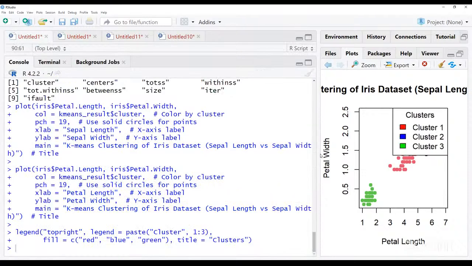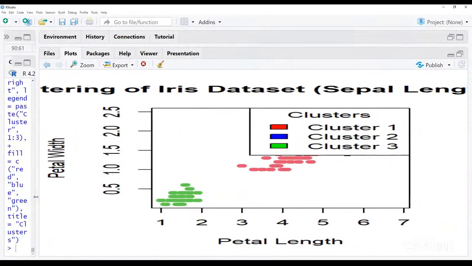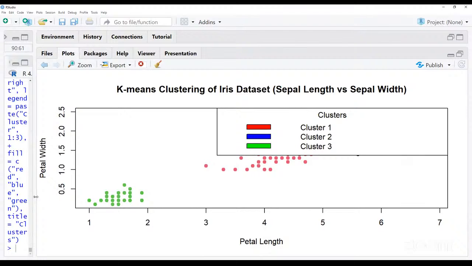Yeah, then now it is okay. But your legend position is not good. The legend position should be below, otherwise we cannot find the cluster. So cluster 3 is well separated, cluster 2 and cluster 1.